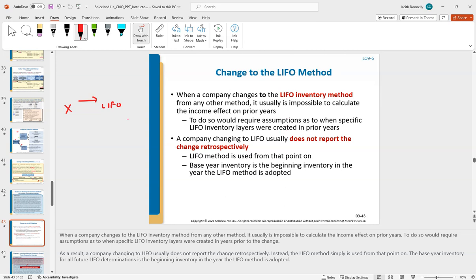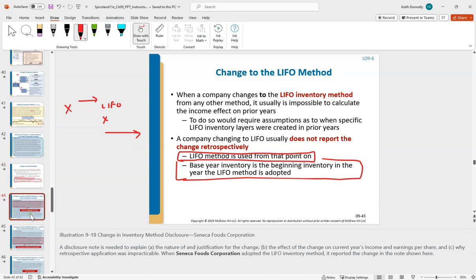So we're not going to do that. Essentially, we're going to treat it prospectively. From this point on, we're just going to use LIFO, and the base year inventory is going to be the inventory at the beginning of the year that we adopted. So a little bit easier there.